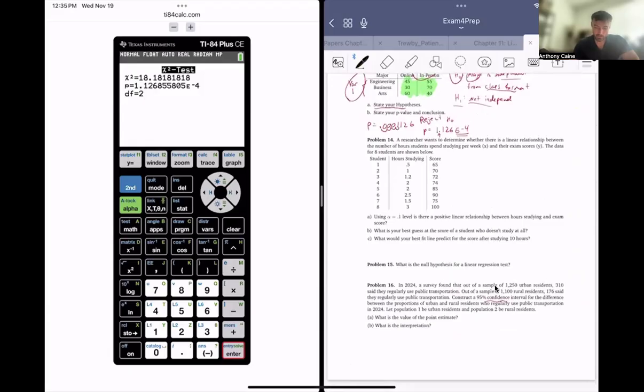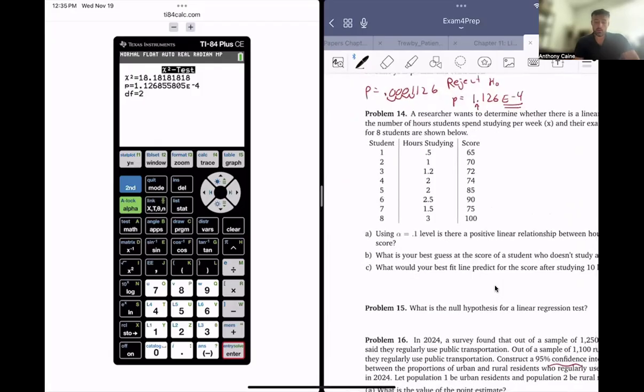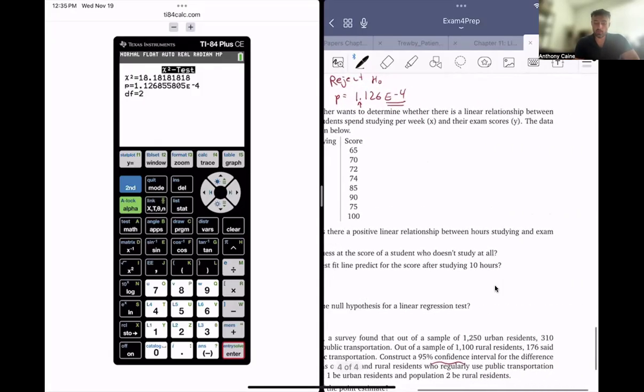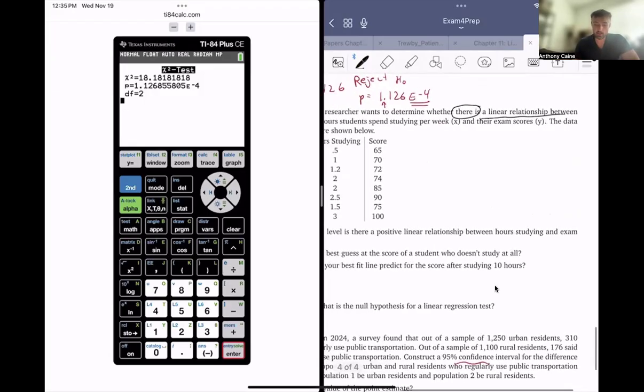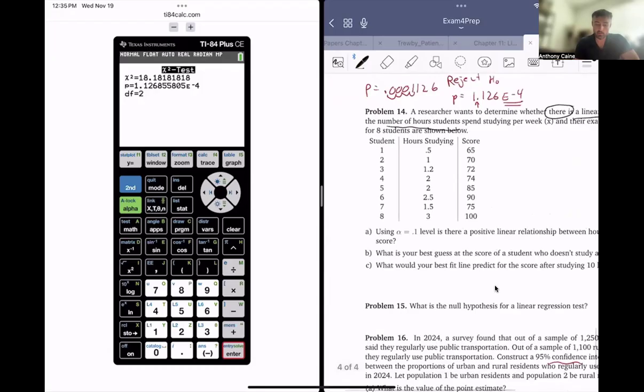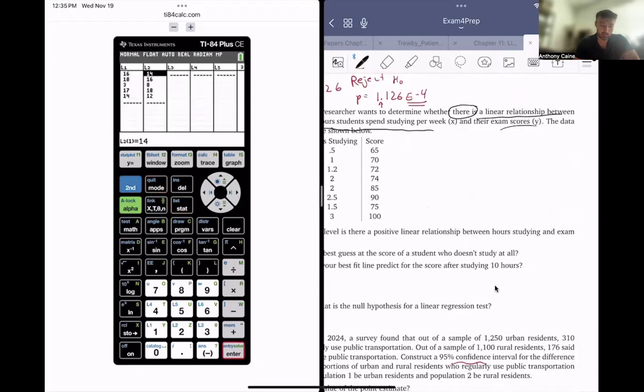Okay, let's look at problem 14. A researcher wants to determine whether there's a linear relationship, so whether there is, does it exist, between the number of hours students spend studying and their exam score. So let's go ahead and put this in the calculator.